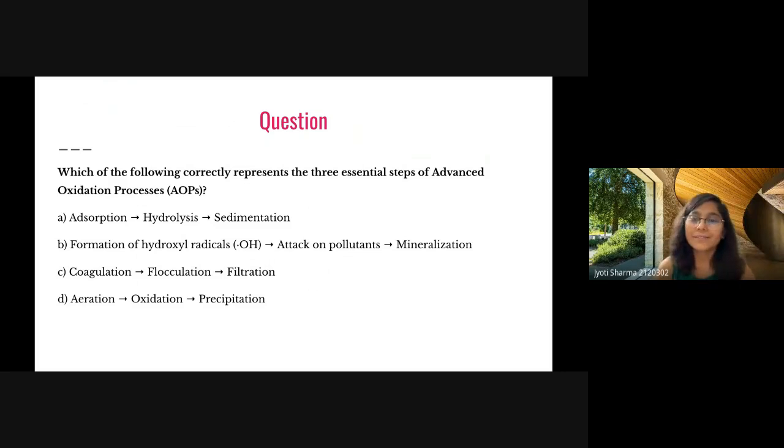Which one is the right answer? So Dia gave me answer B. Yes, B is the right one. Adsorption, hydrolysis, sedimentation: adsorption is part of the adsorption process, but not of the AOP.